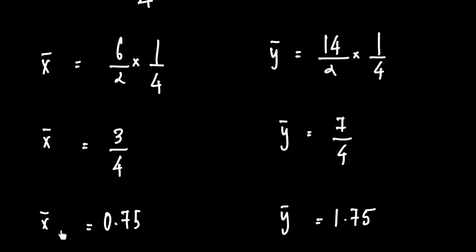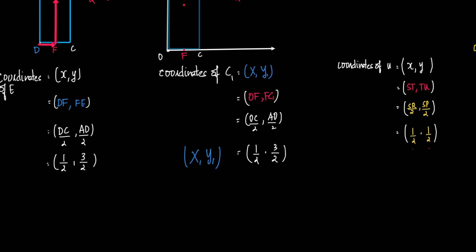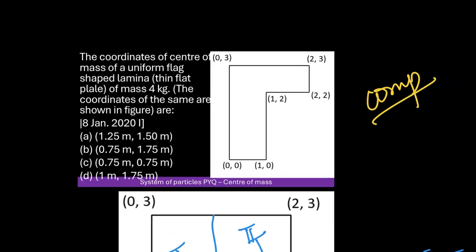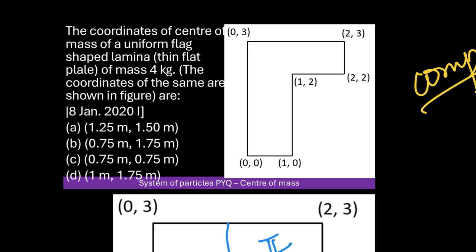Which gives the value of x bar as 0.75 and y bar as 1.75. Now, what does the question say? The question is to find out the coordinates of center of mass, and therefore the correct option is 0.75 comma 1.75, which is option 2.